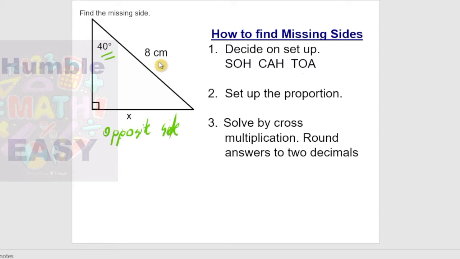Accordingly, in this figure, we have to identify which among the three ratios has the opposite side and the hypotenuse side. So we have opposite and hypotenuse, and if that is the case, we make use of SOH, which means sine is equal to opposite over hypotenuse. So that is how to decide which among the three can be used. Here in the figure, we can use the sine function.